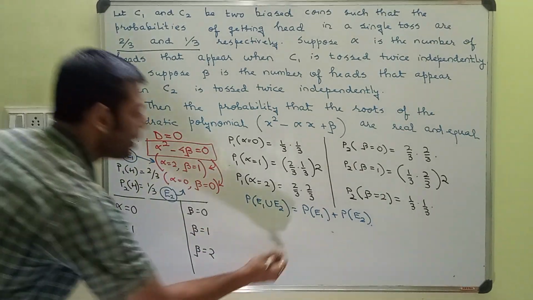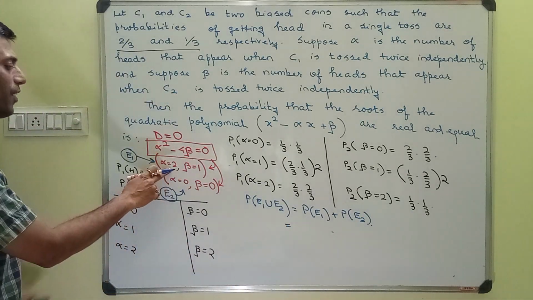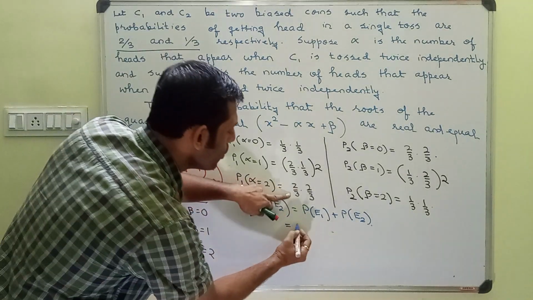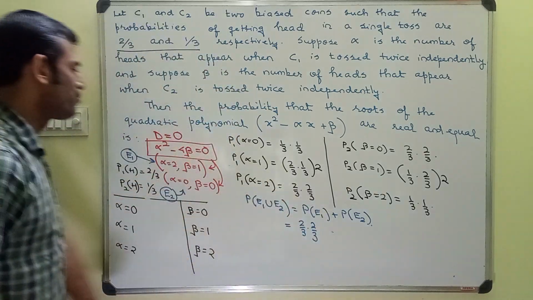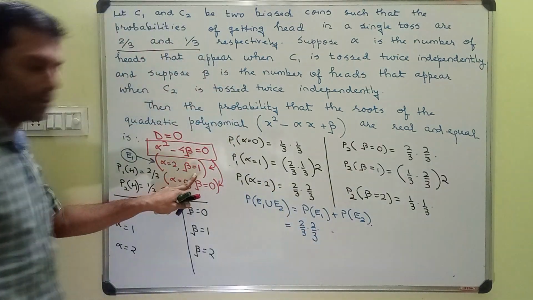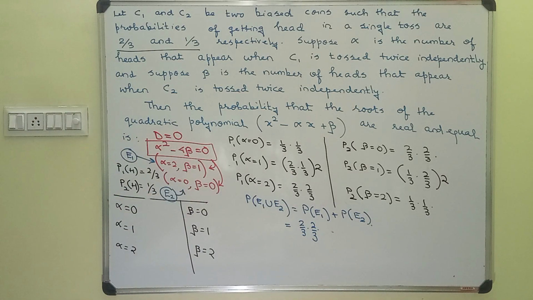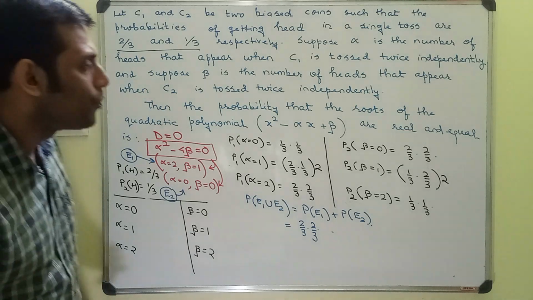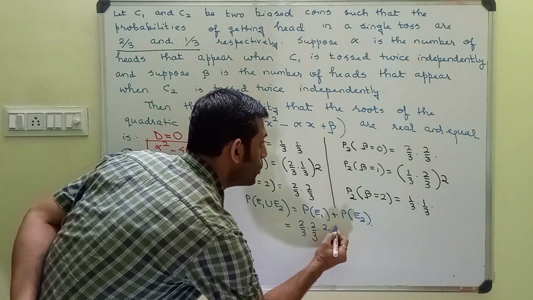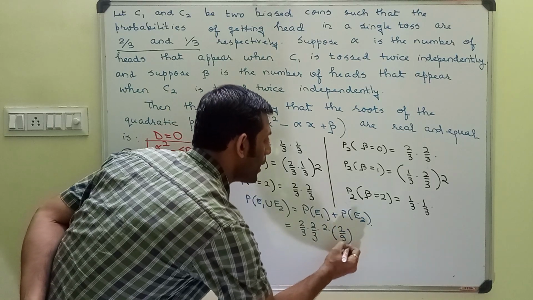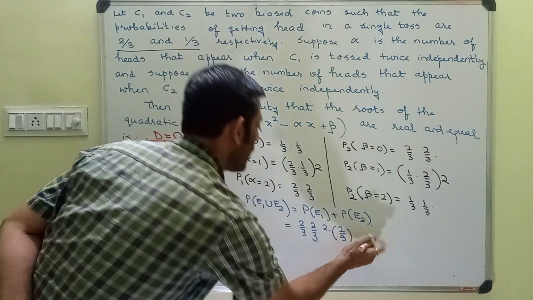Now probability of E1, that alpha is 2. When alpha is 2, I have 2 by 3 into 2 by 3, and beta equal to 1. When beta is equal to 1, you are at 2 into 2 by 9.